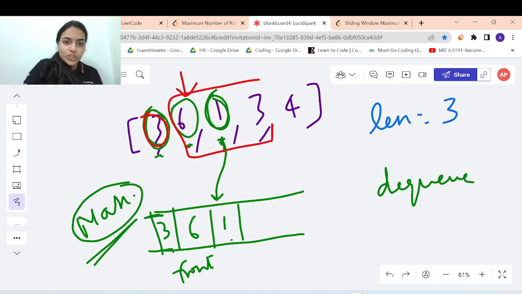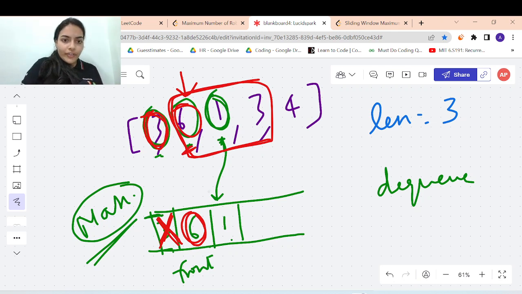Even in the future subarrays, 6 will be my answer and 3 will not be. So whenever an element is there in the front, I can remove it if I see an element greater than it later, right? So what is the use of storing 3 unnecessarily?